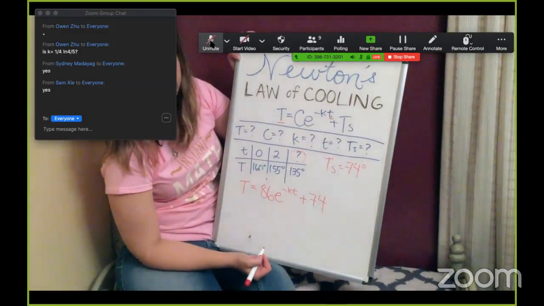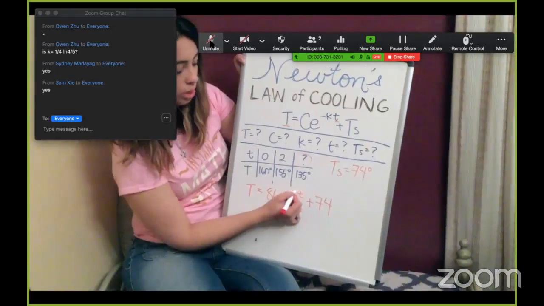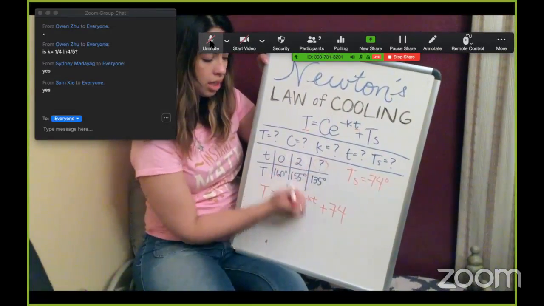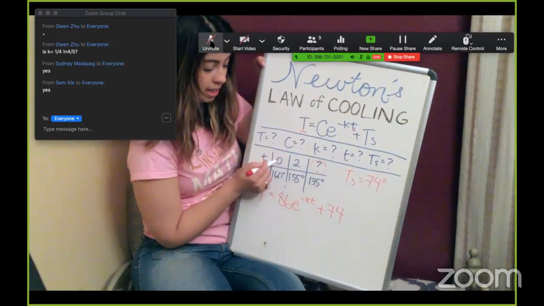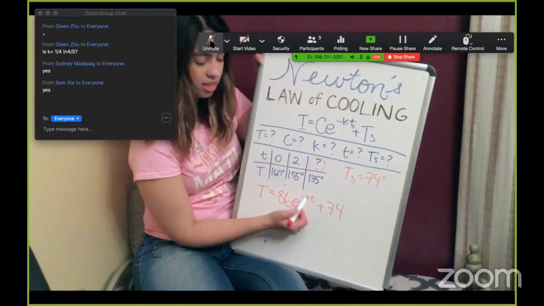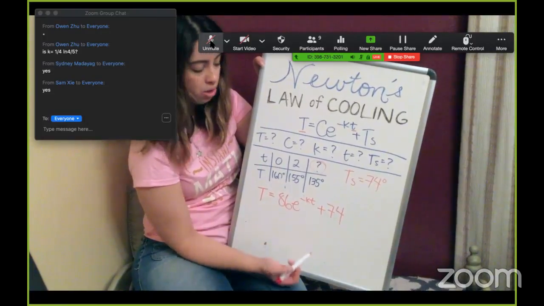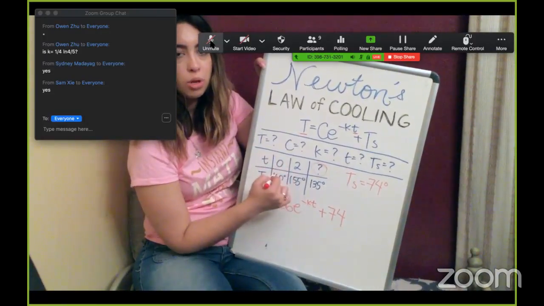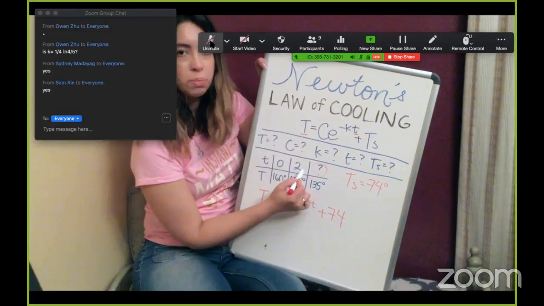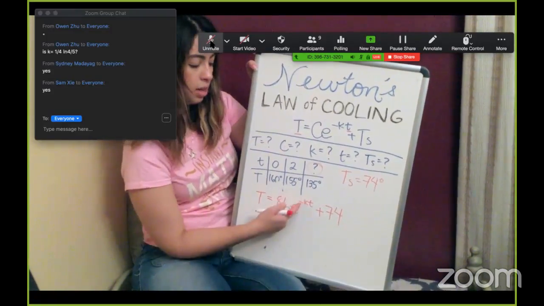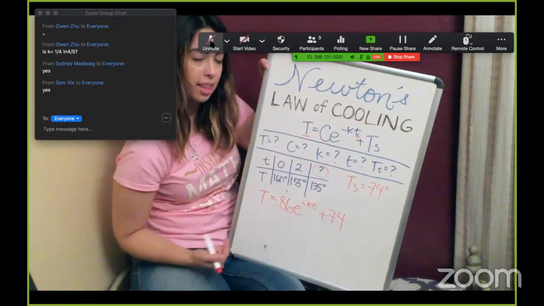Okay. The next step is we need to figure out what this k constant is. So we'll use the next information. If we plug in 0 again, it's going to make this k go away because 0 times k is going to become 0. So we don't want to use this information anymore. We're going to move on to plug in 2 and 155 degrees, and then we'll solve for k that way.